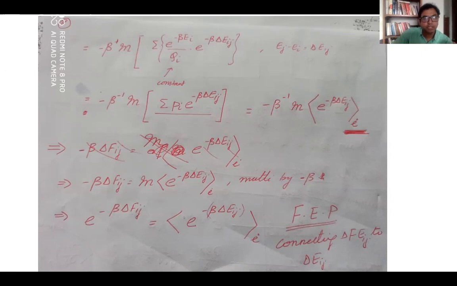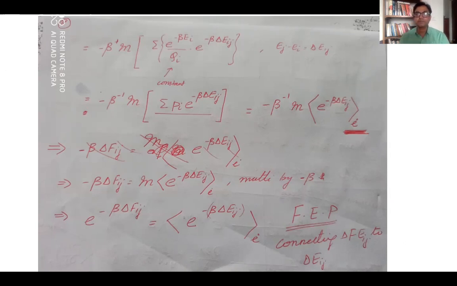So the takeaway from all the things that I've spoken so far is that you do the simulation at one state, you call it I, let's say, then you find the energy of the state that you care about and the other state that you are trying to find the energy difference with, and you find the delta Eij for that.